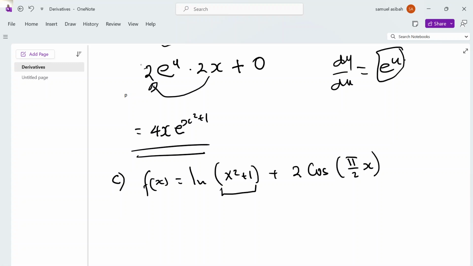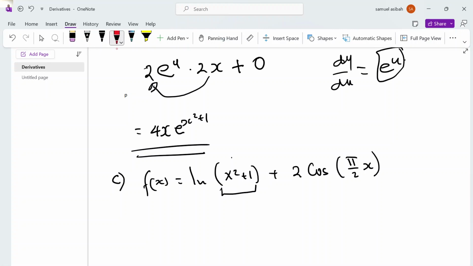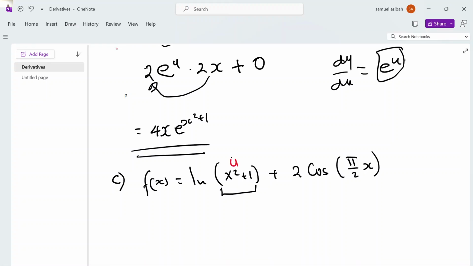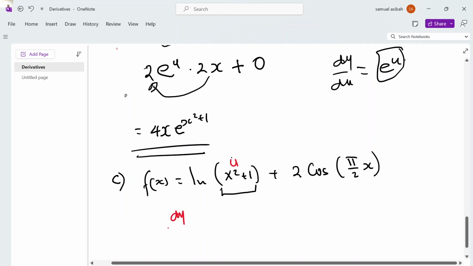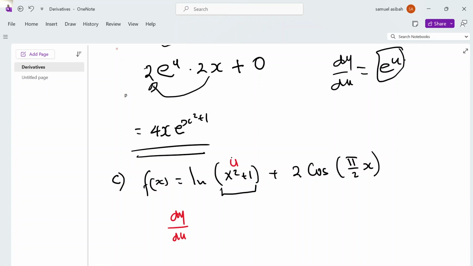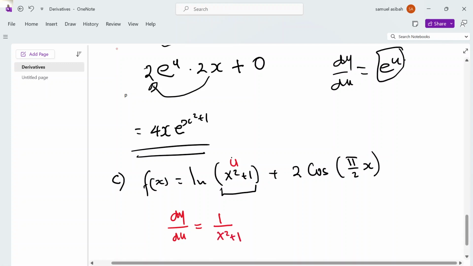Let us now use the shortcut method: if this is your u, then we get dy over du, which is the natural log of this, giving you 1 over x squared plus 1.